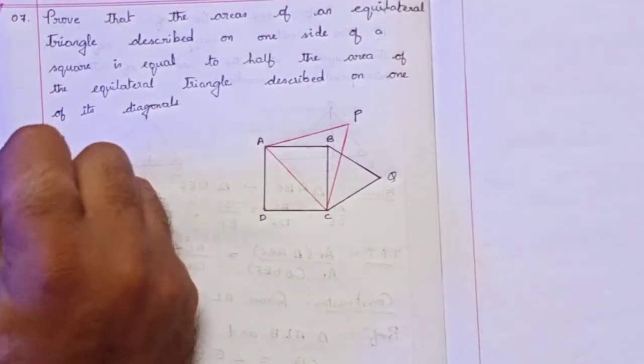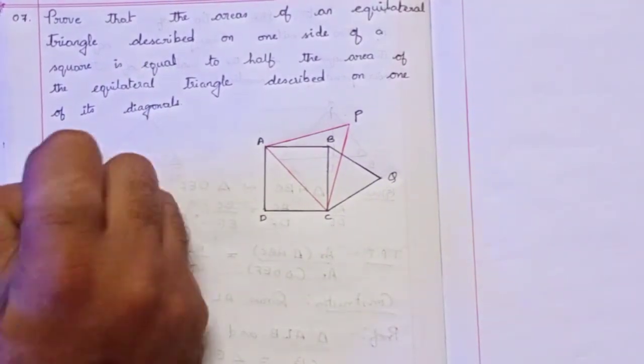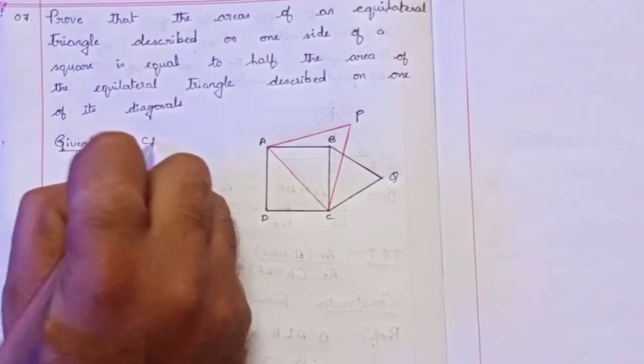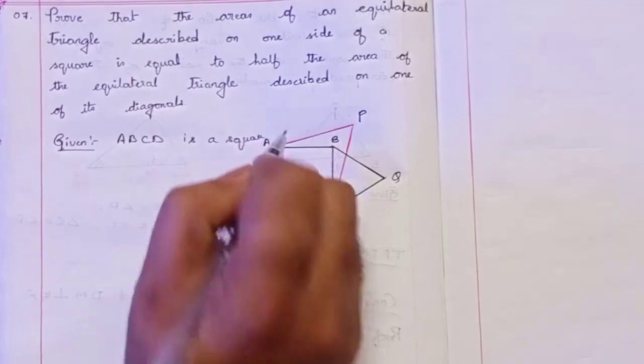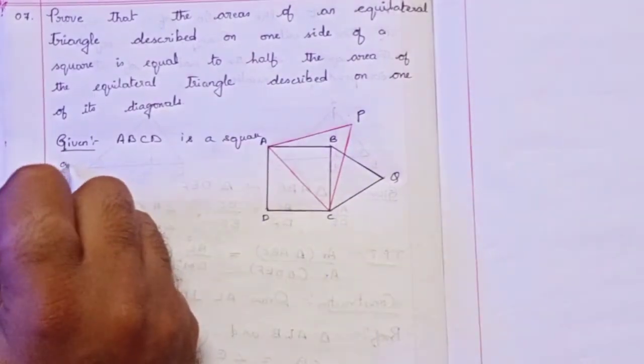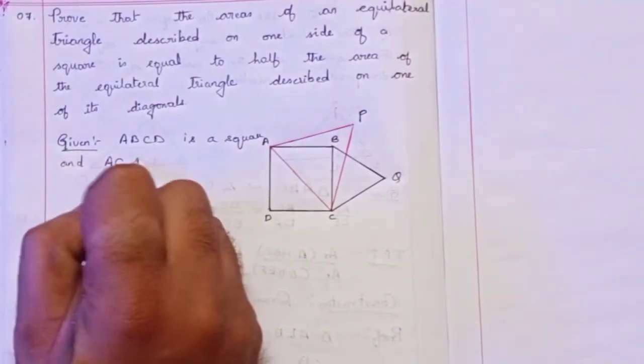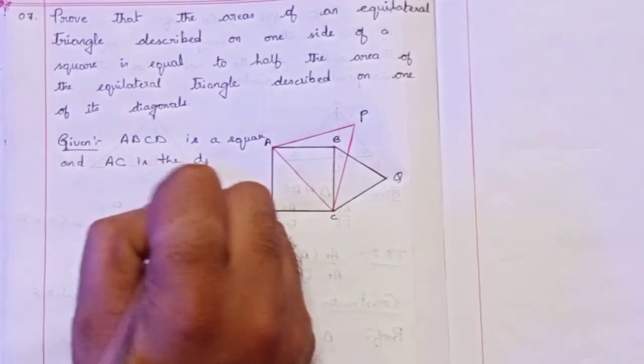I'm going to write the given here. ABCD is a square and AC is the diagonal.